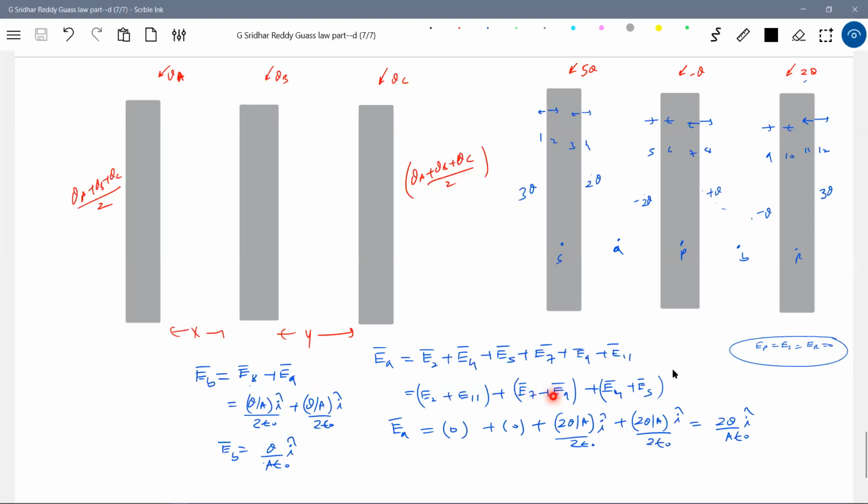The books have given it that way because I had to show both the methods. Actually, the field at point B will have contributions from 2, 4, 6, 8, 9, 11. 8 and 9 will be there, 11 and 2 will get cancelled out, and 4 and 6 will get cancelled out. Okay, yes, if you want, I'll write it.